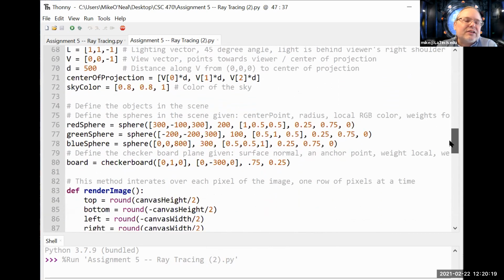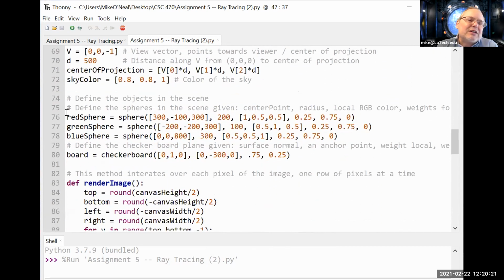When I define things, now because I'm actually using objects, I can just define a red sphere, a green sphere, a blue sphere with a center point, a radius, a color, and my weights. I can define my checkerboard. I've only got one of them, so you could argue whether or not you needed an object here, but I did.